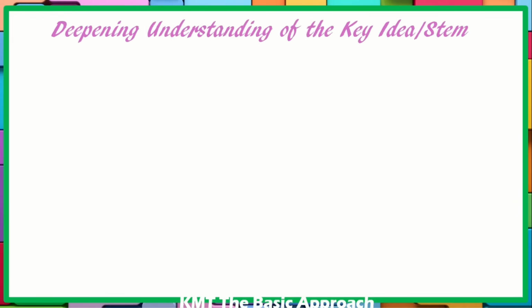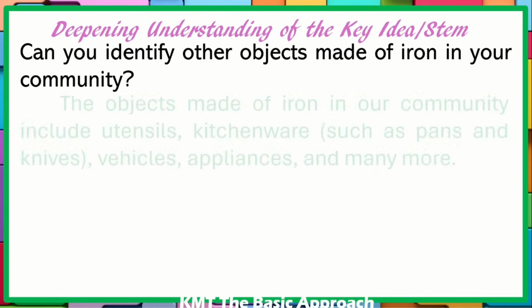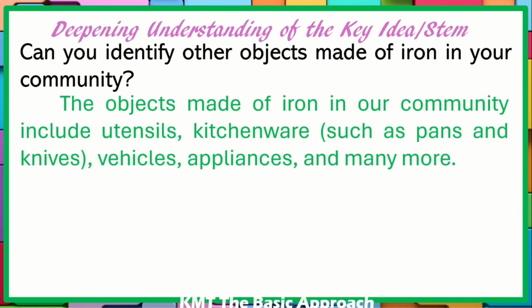Deepening understanding of the key idea or STEM. Can you identify other objects made of iron in your community? Good job! The objects made of iron in our community include utensils, kitchenware such as pans and knives, vehicles, appliances, and many more.